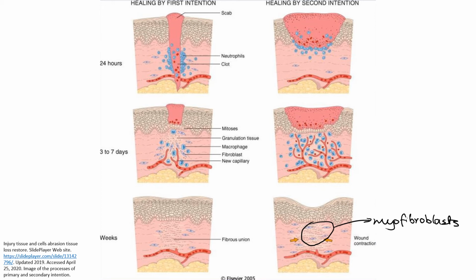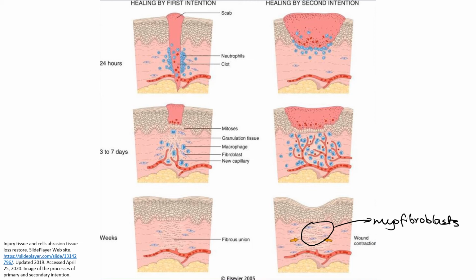And essentially what happens, if you've ever got a scar on your skin or a deep cut that has healed over, is that you'll see there is collagen deposition occurring, and usually where that wound has occurred, the skin in that area is a lighter shade compared to the surrounding skin, and that's due to the collagen.